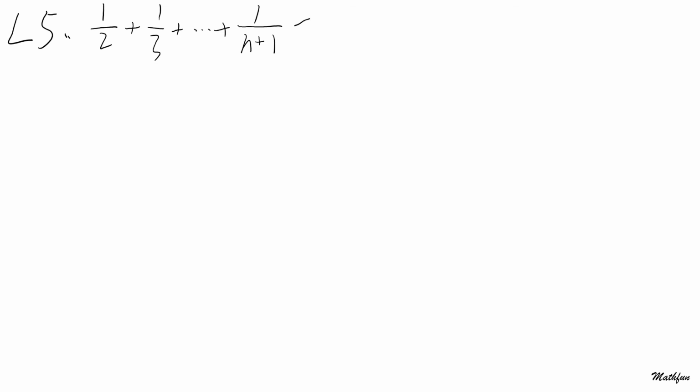We're going to prove this one smaller than the natural log of n plus 1, and this one smaller than the harmonic sequence up to n, actually: 1 plus a half plus a third plus, continuing until the reciprocal of n.